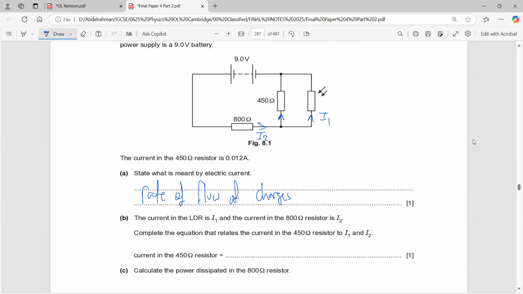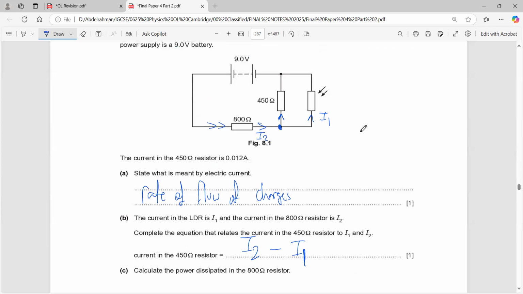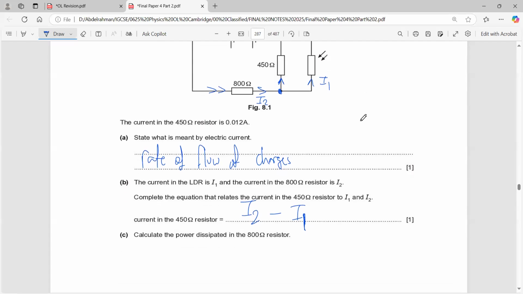Yes, because the total current at this junction splits into I1 and the current in the 450 ohm resistor. So the current in this resistor is simply I2 minus I1, because the current is split. It doesn't have to be split equally, but it is split.